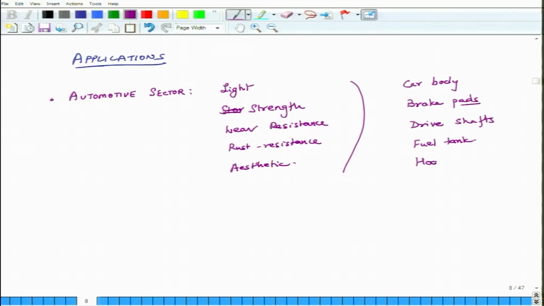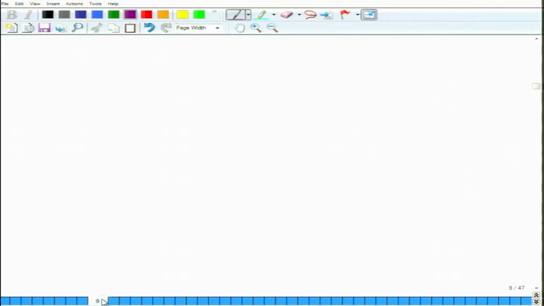Hoods, or what you call bonnet, same thing. Spoilers. And then there are several other places. So, this is why we use composites in cars and trucks and SUVs and things like that.